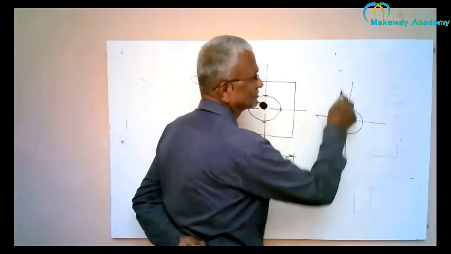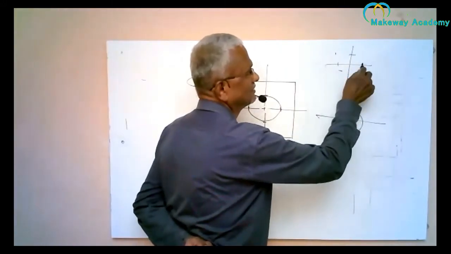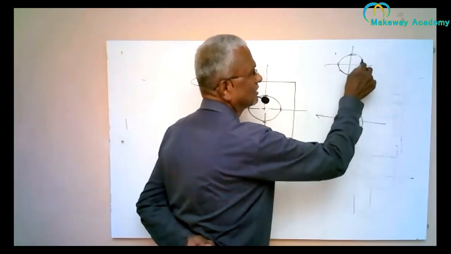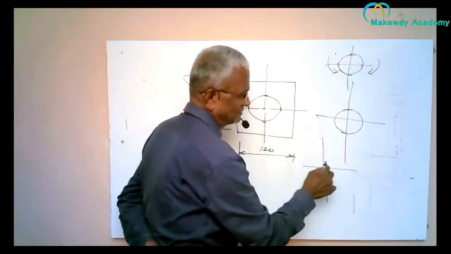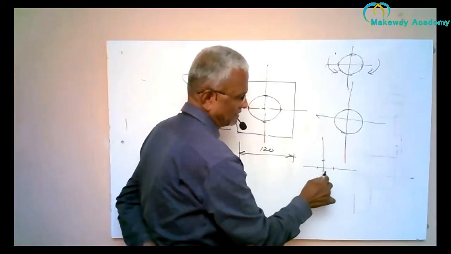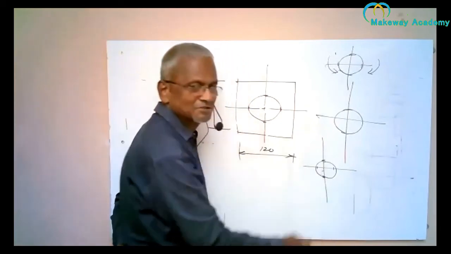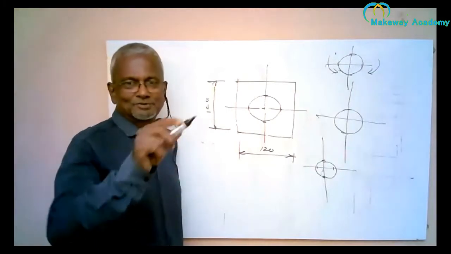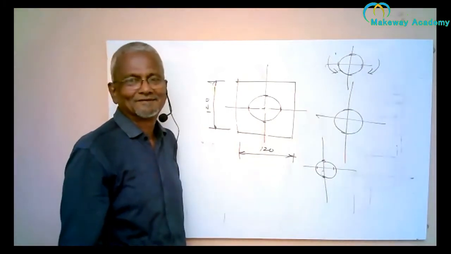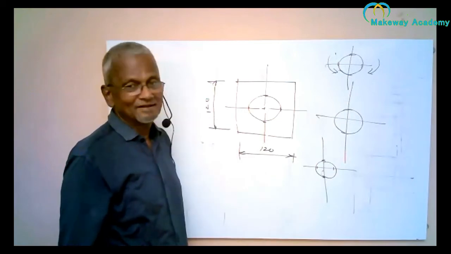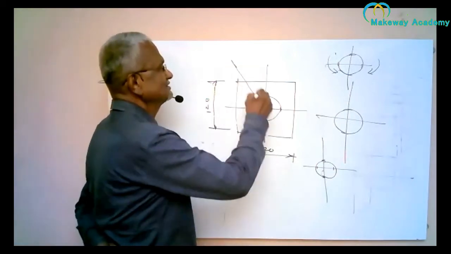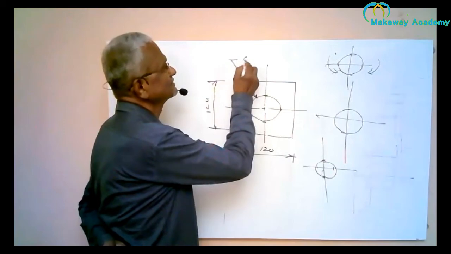One stroke, another stroke. Very easy. You can practice. So I have drawn the circle now. What is the diameter? 60.